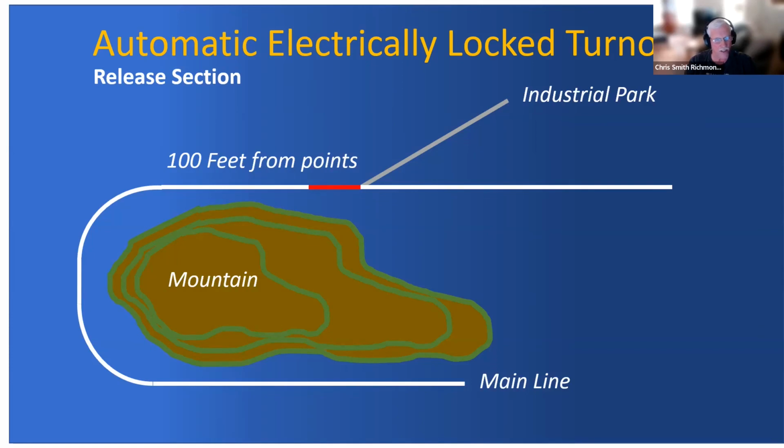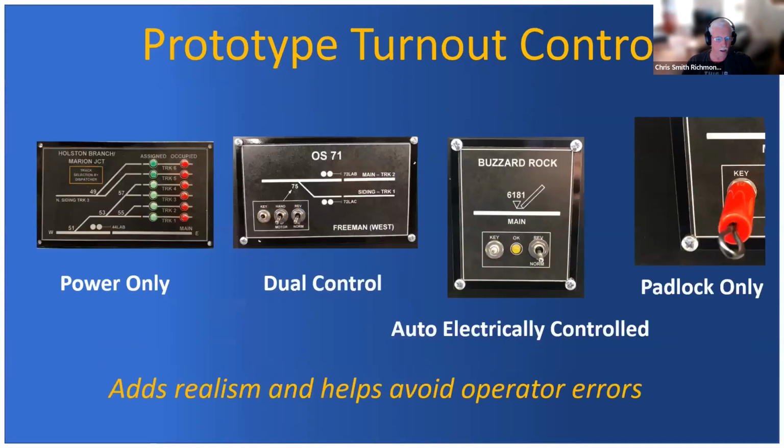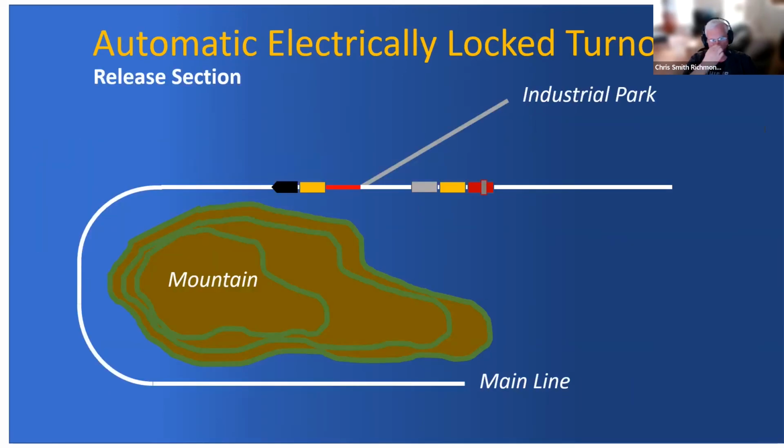The assumption by the system is that if there's a train there, it's a switch train that needs to do work, so it's going to grant the release right away. I programmed that into my electrically locked turnouts just as another fun toy. So that's your scenario. If the crew knows to pull into the 100-foot release section, they'll get an immediate release as soon as they get permission and open the padlock.